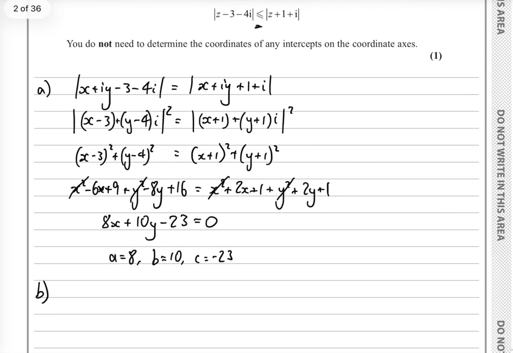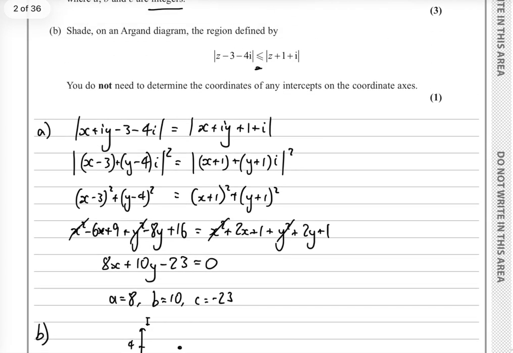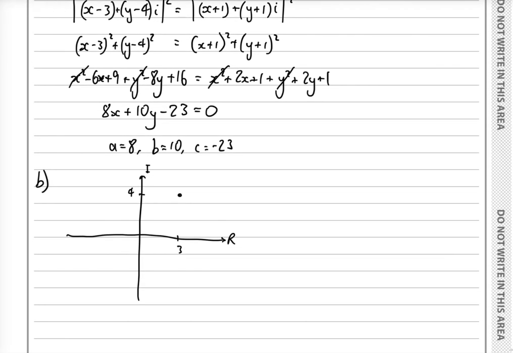We've got 3 plus 4i, so 3, 4. This is the imaginary and this is the real, so that point is about here. And then in the other bracket we've got 1 plus i, so that's minus 1, minus 1, so that's about here.